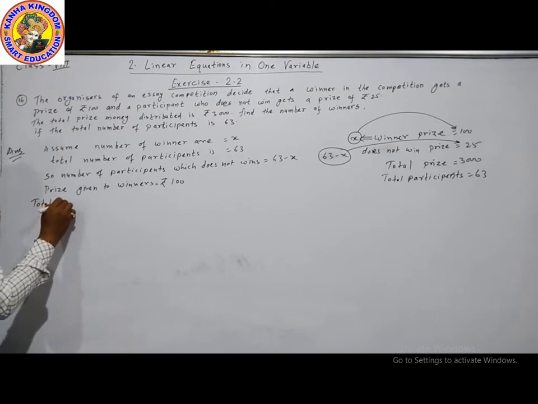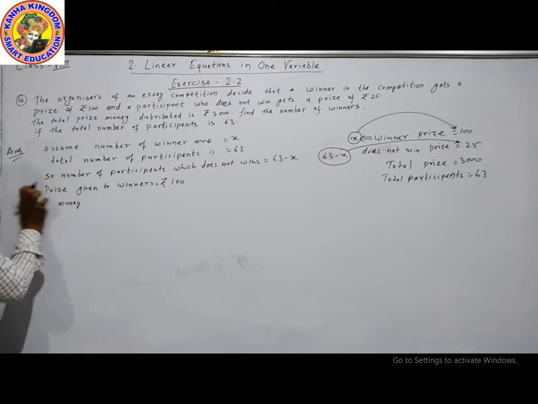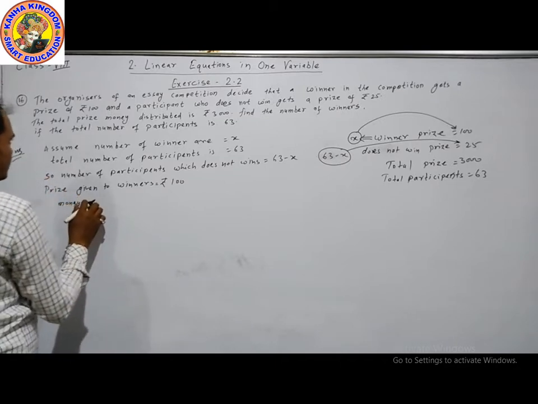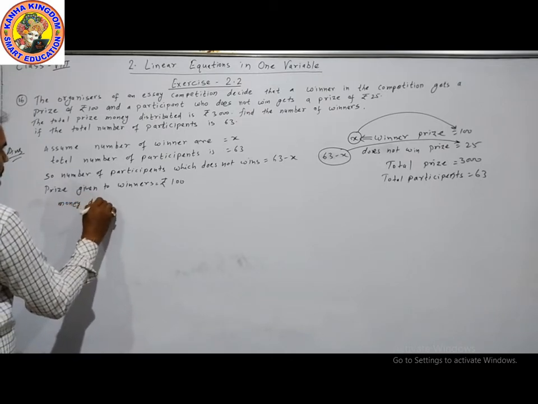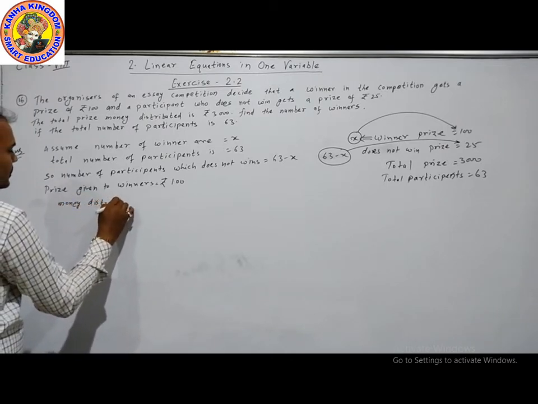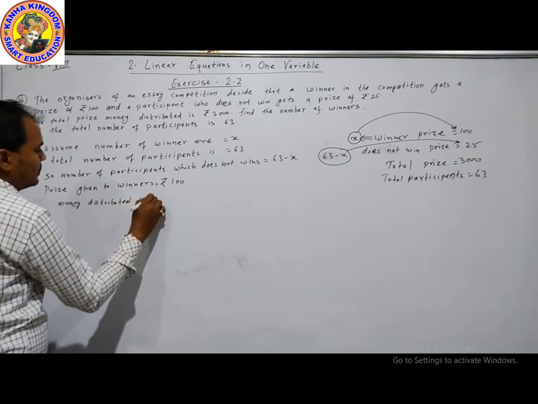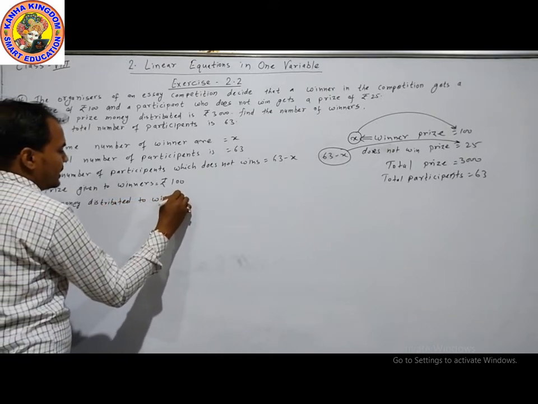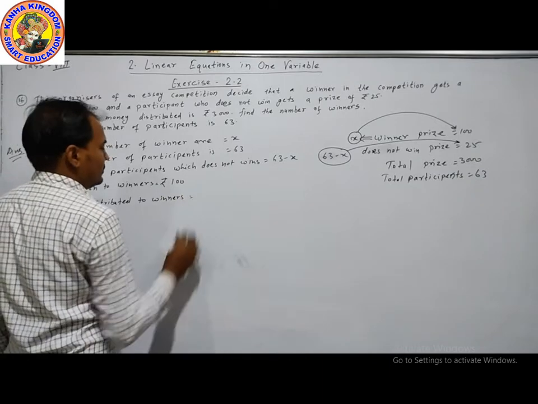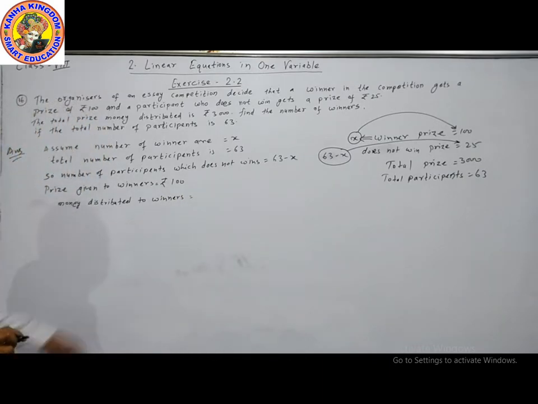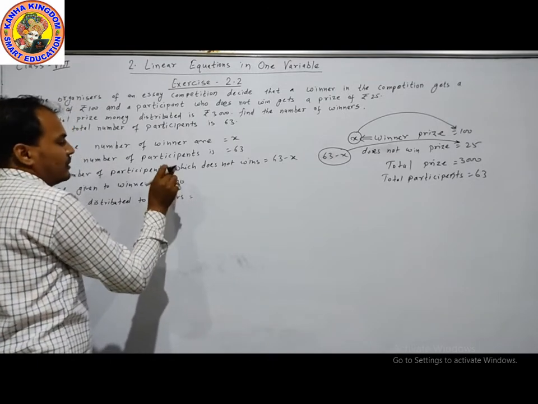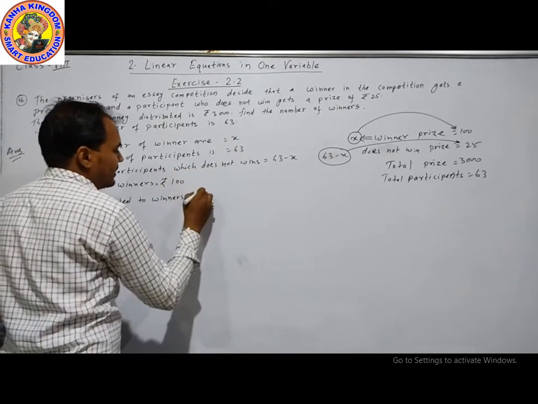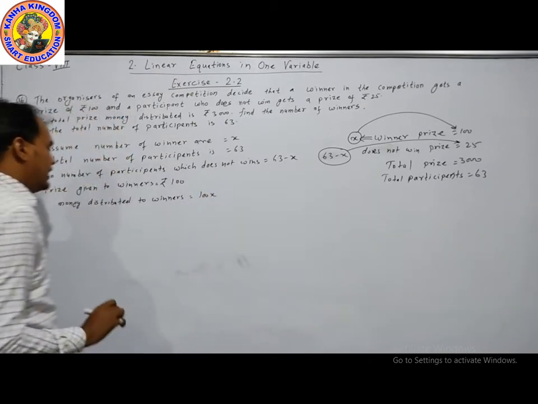The total money distributed to winners: one winner gets 100, two winners get 200, X winners get 100X.